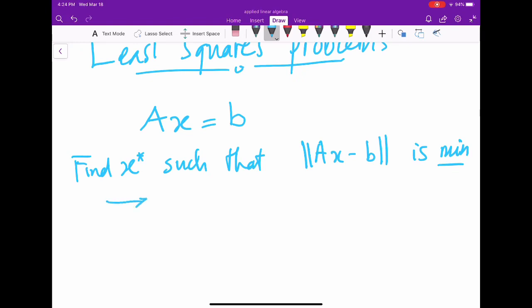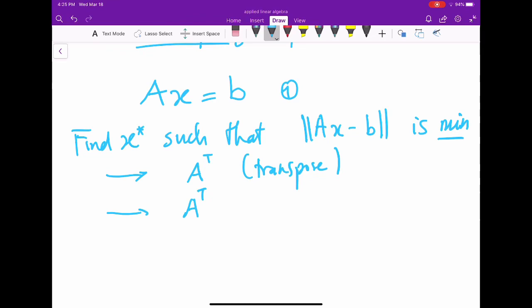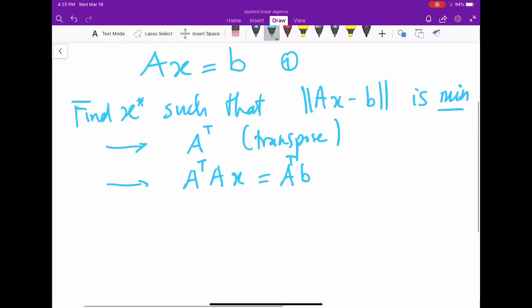The first step we did last time is we need to find A transpose. And then we applied A transpose to both sides of equation 1. So equation 1 becomes A transpose A x equal to A transpose b. But last time we separated these two steps.